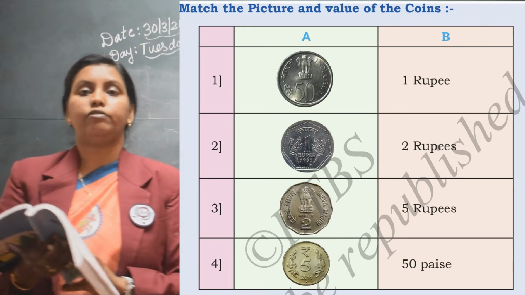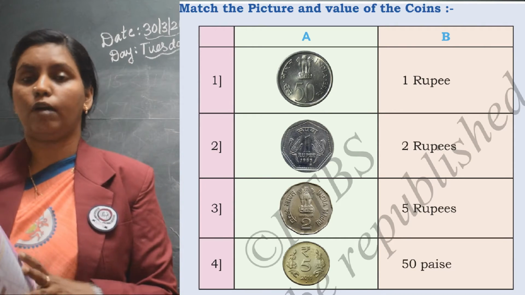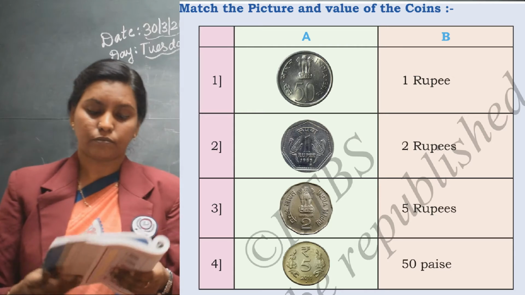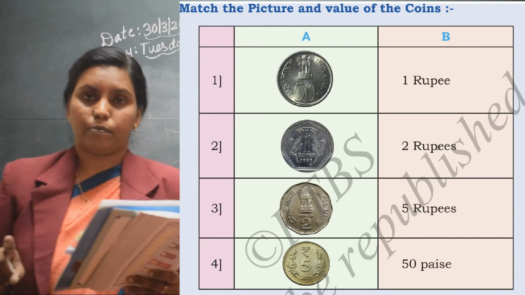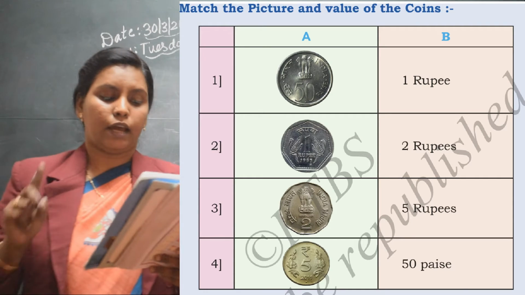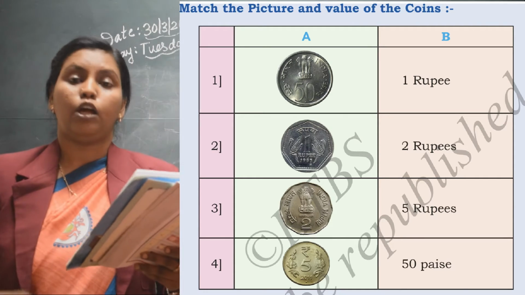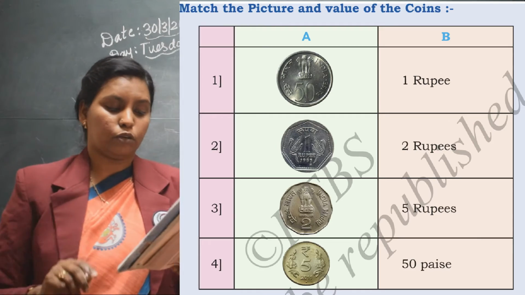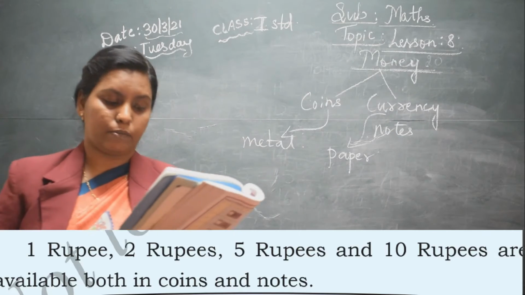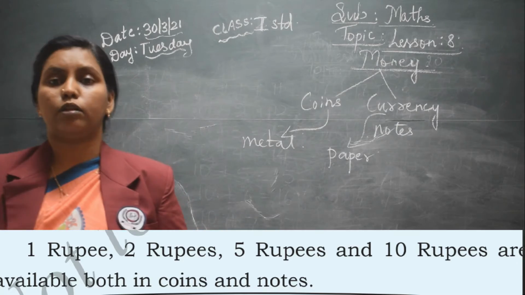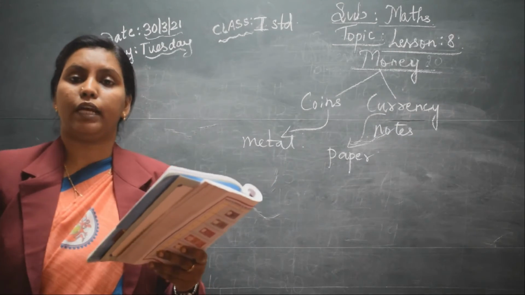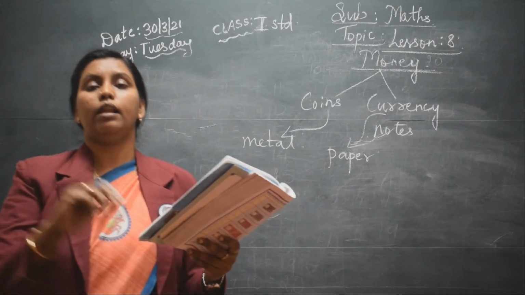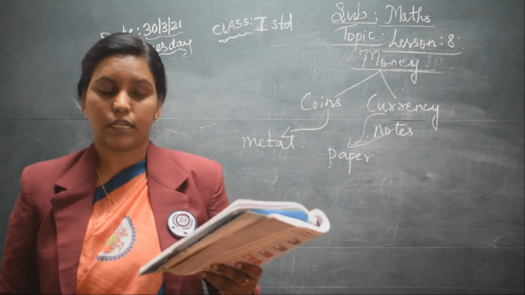On page number 159, match the picture and value of the coins. First one is 50 paise. Second one is 1 rupee. Third one is 2 rupees. And fourth one is 5 rupees. Know this: 1 rupee, 2 rupees, 5 rupees and 10 rupees are available both in coins and notes. You might have seen that they are available both in notes as well as in coins, isn't it?